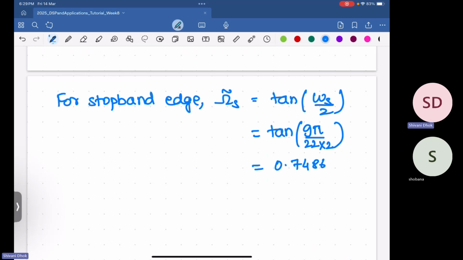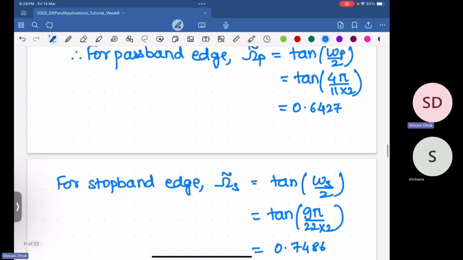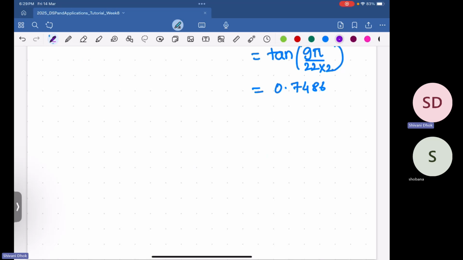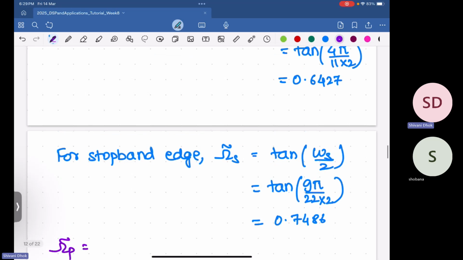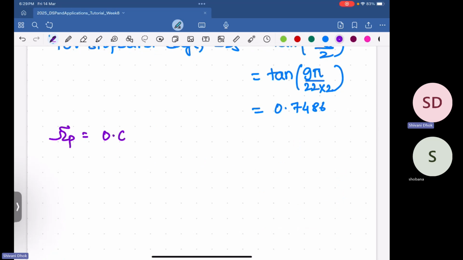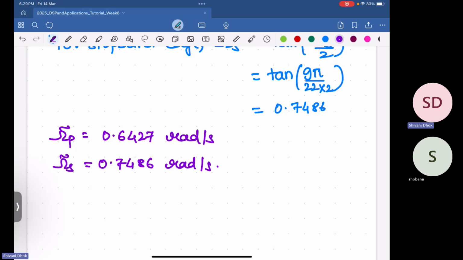All of these frequencies are in radians per second. Now we have omega p tilde as 0.6427 radians per second, which is our pass band edge, and omega s tilde as 0.7486 radians per second, which is our stop band edge.